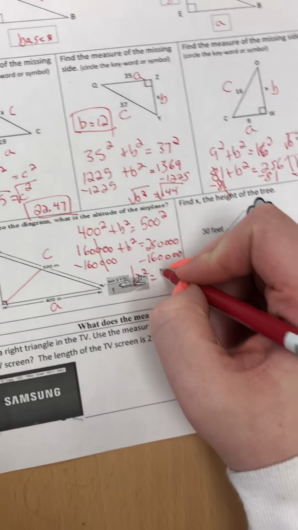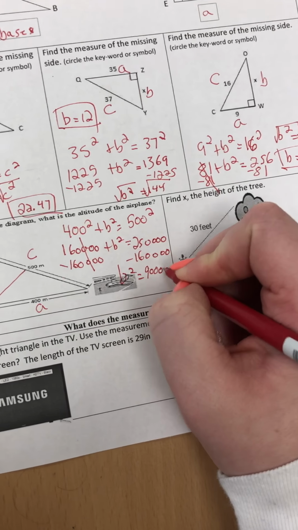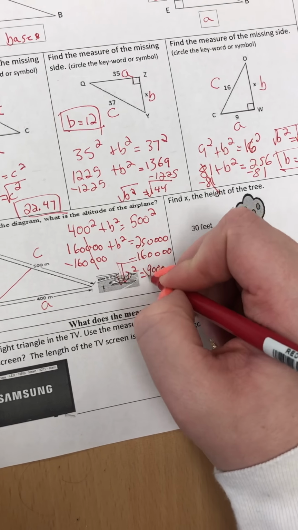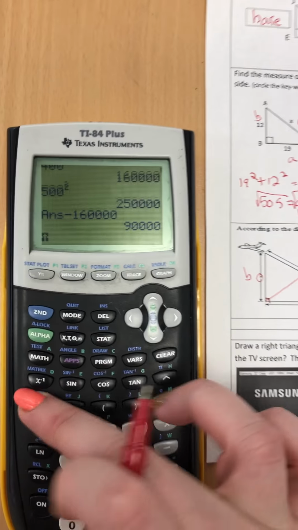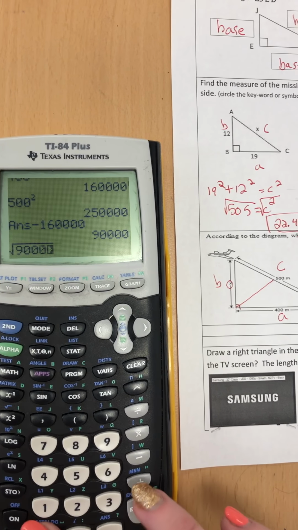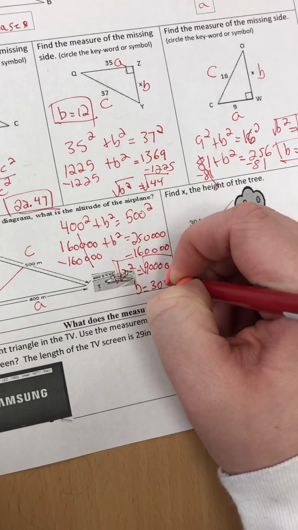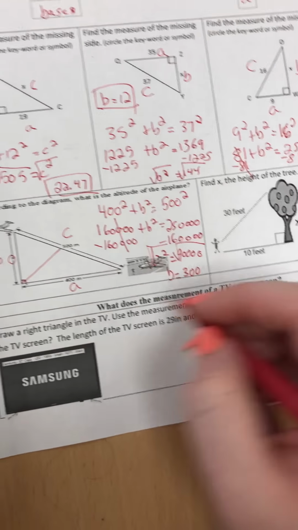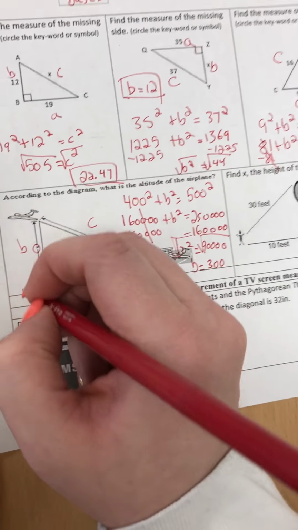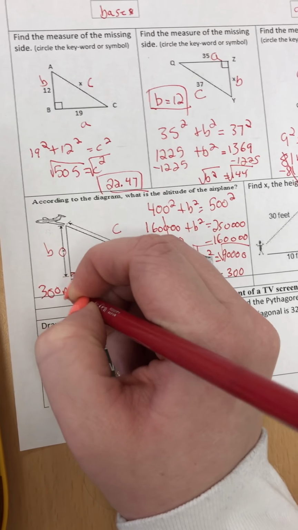And I got 90,000. But we're still looking for b, not b squared, so I'm going to square root both sides. And I got 300. So that means the altitude, or the missing side, is 300, and this was in meters, so our answer is 300 meters.